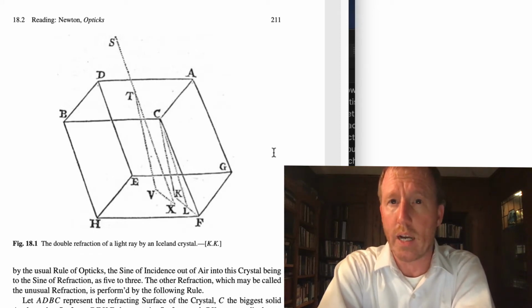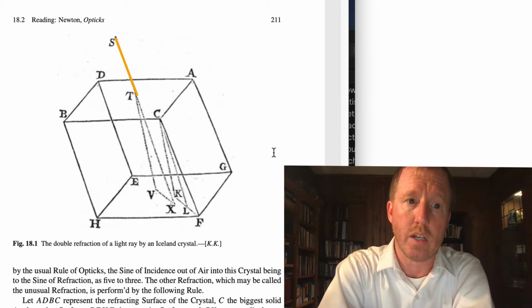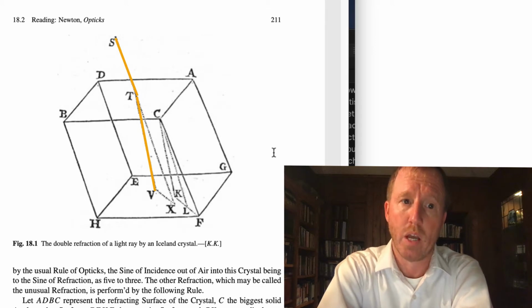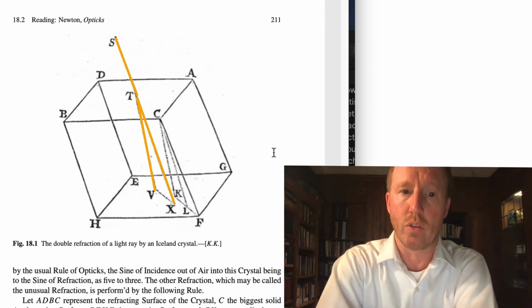And what he's pointing out in particular in this diagram is that if you have a beam of light entering it from the top, and this is denoted by the line ST, when it enters the crystal, it will be divided into two separate beams. One of them will pass along the line TV, and he says this is the ordinary beam that obeys the ordinary law of refraction. There's another beam, TX, that is the extraordinary beam that does not obey Snell's law.